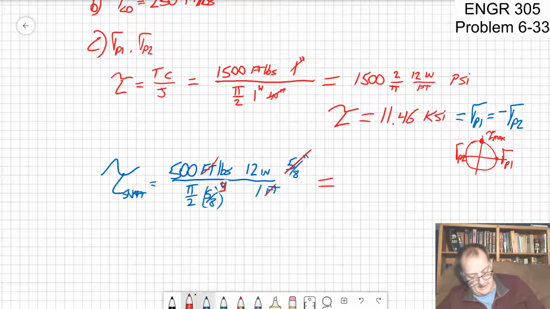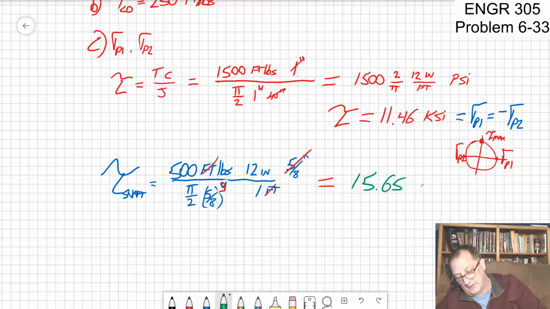And my answer, in green because I haven't used green yet, is roughly 15.65 KSI, and that's equal to shear max, equal to sigma P1, equal to negative sigma P2.